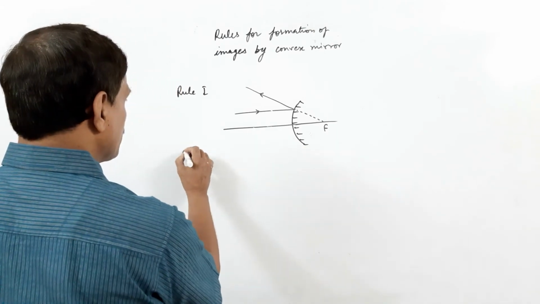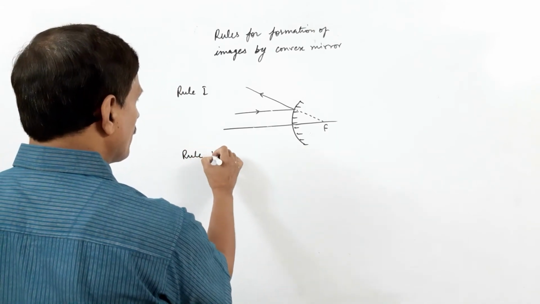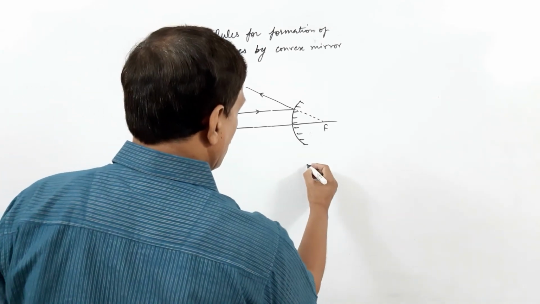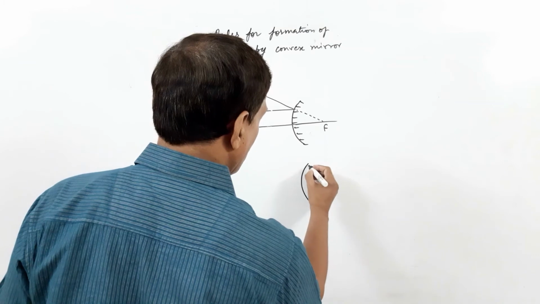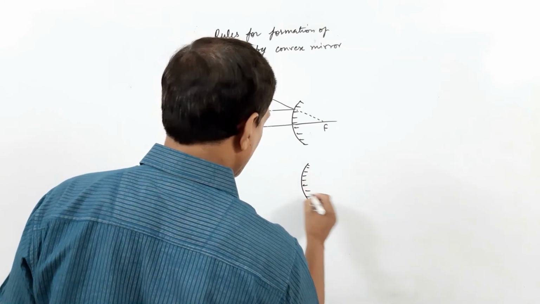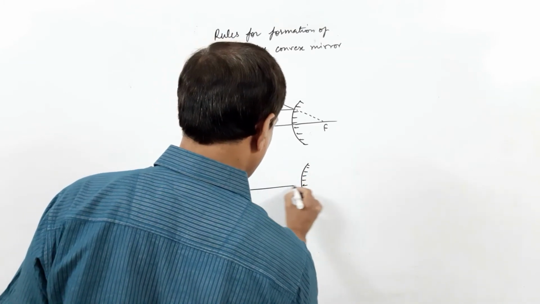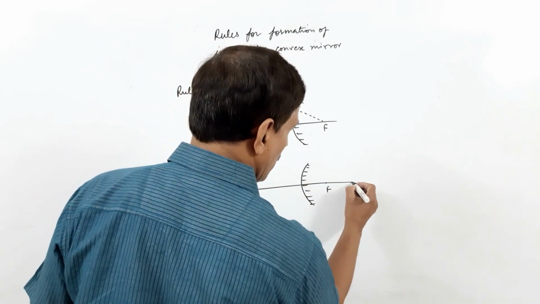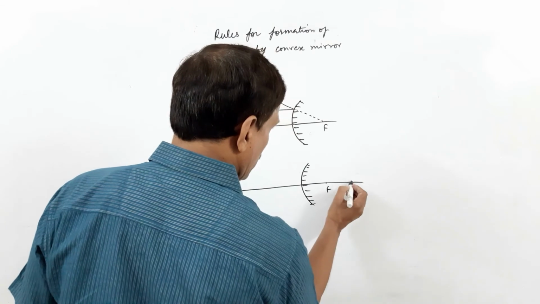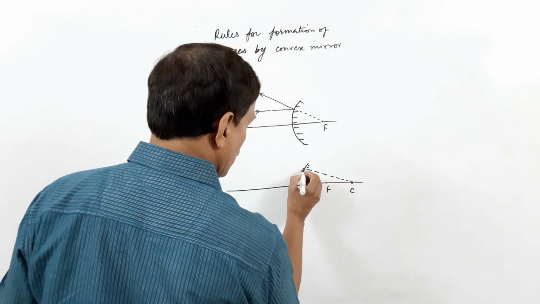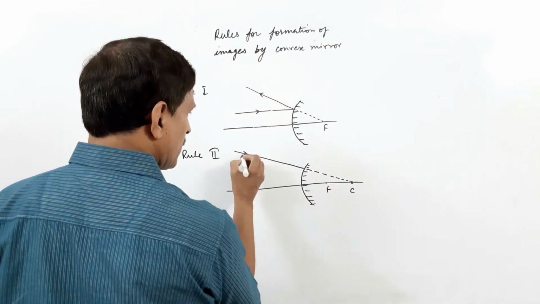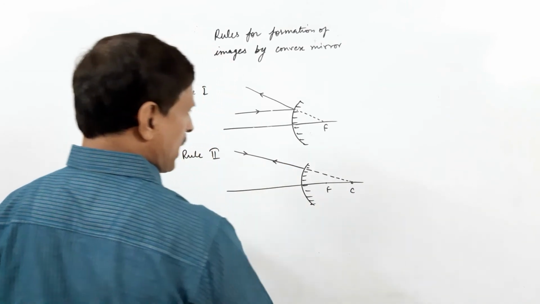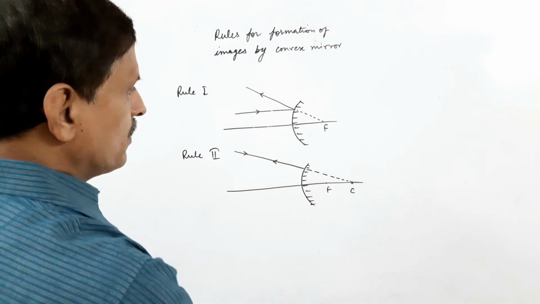Rule second, a ray which is incident in the line of the center of curvature is reflected back along the same path.